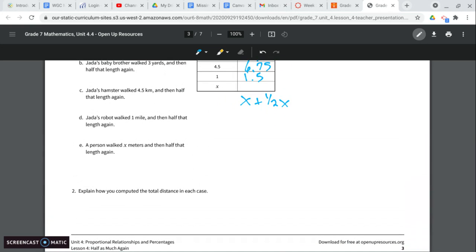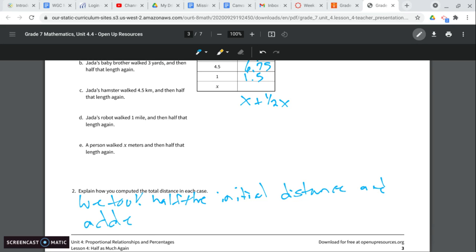Well, what we did is we took half the initial distance and added it to the initial distance.